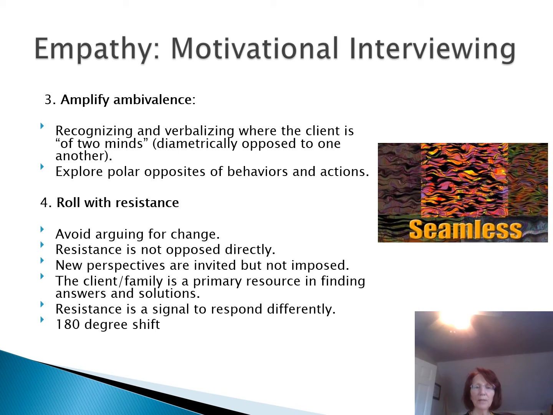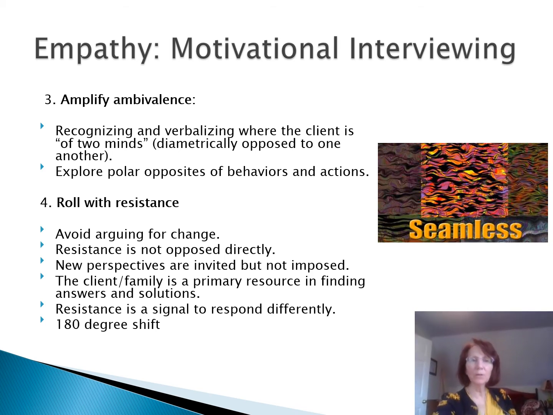Next is amplifying ambivalence, recognizing and verbalizing where the client is of two minds. It's diametrically opposed to the other. So one mindset being, well, I wish I could stop relapsing, but I really identify as being an addict.